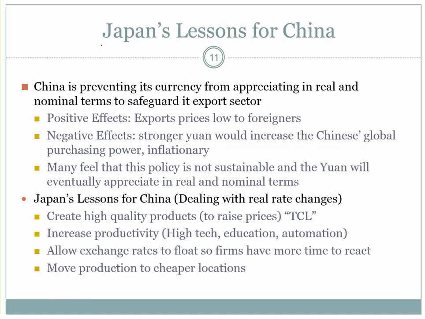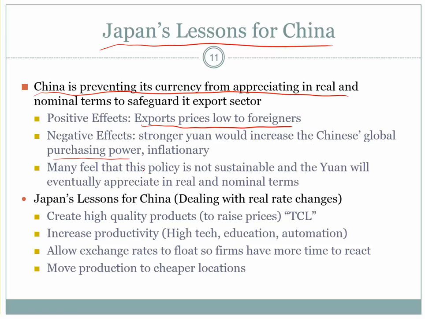Now, let's look at some of Japan's lessons for China, because China is now in the game of preventing their currency from appreciating. They're doing that because it keeps their exports cheap and keeps job growth high. However, the negative effect of a currency held down by government intervention is that they would like their currency to appreciate so they can have more purchasing power.